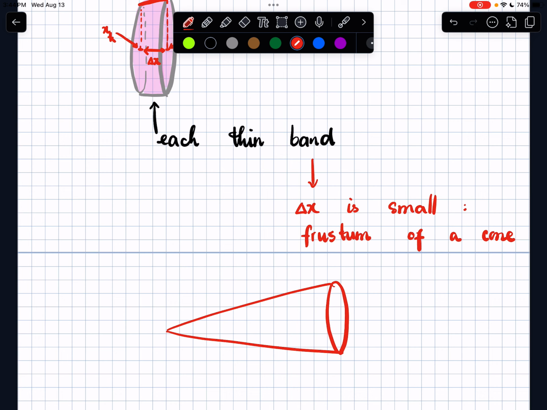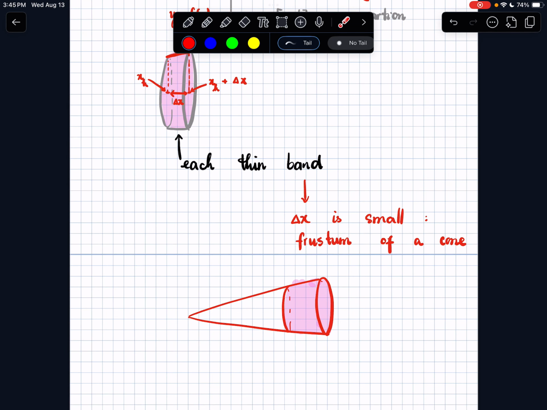Then a frustum of a cone is this cone chopped off, this piece here. So here's one frustum. And we will use the formula of the surface area of this frustum to approximate the surface area of this thin band.